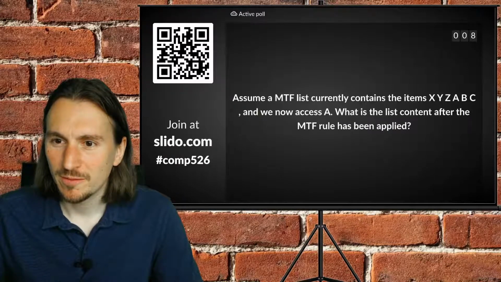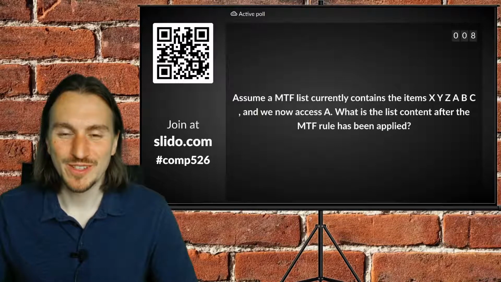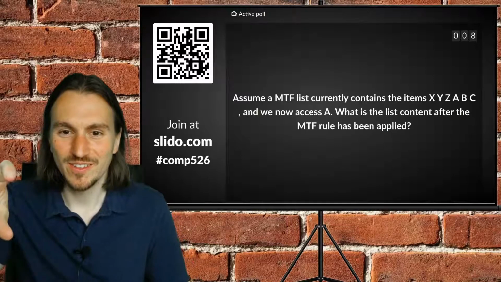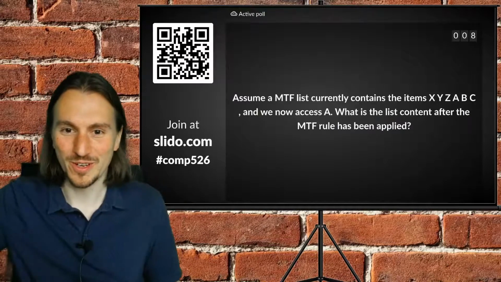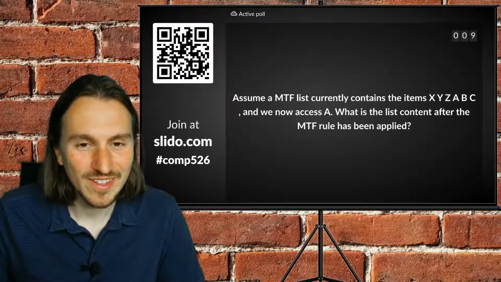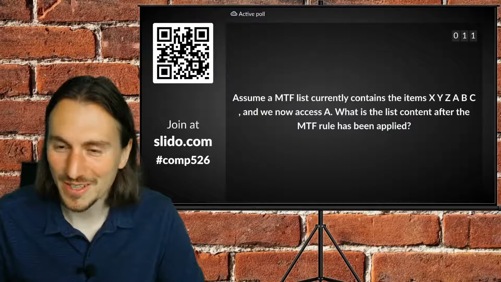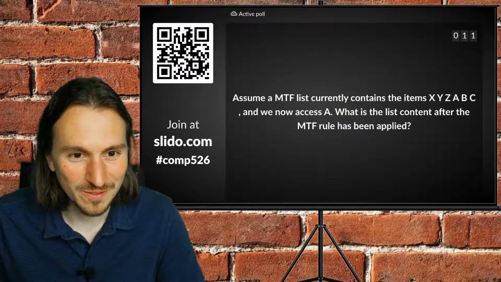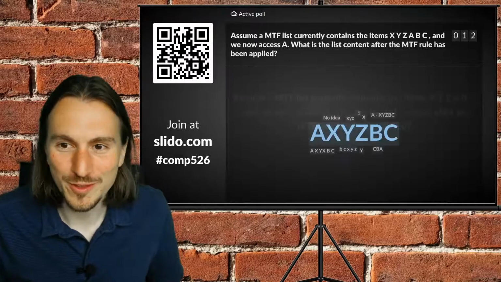So remember, move to front works as follows. You access the element in the list, and then you take it out and put it in front of the list. Okay, so we have a wild collection of ideas, and also of different spellings.